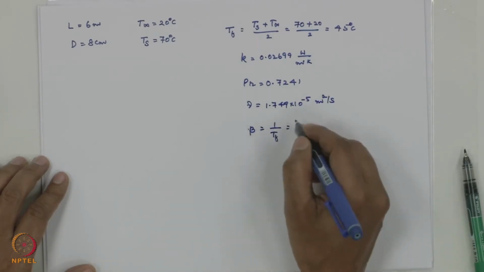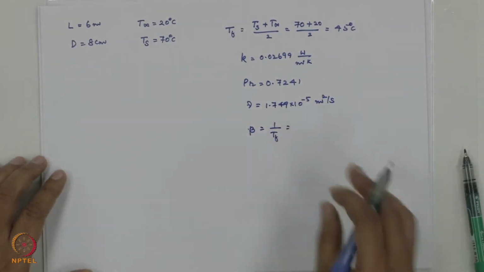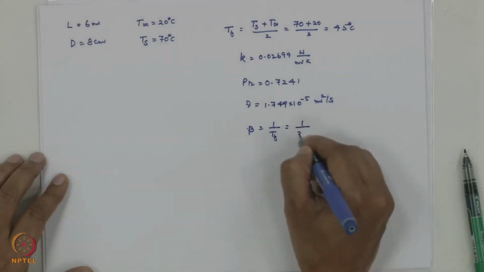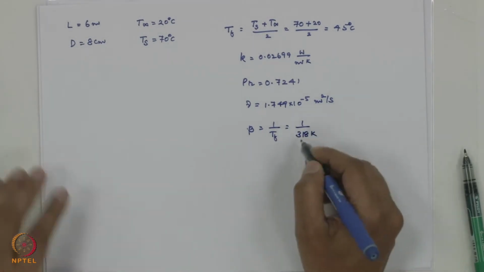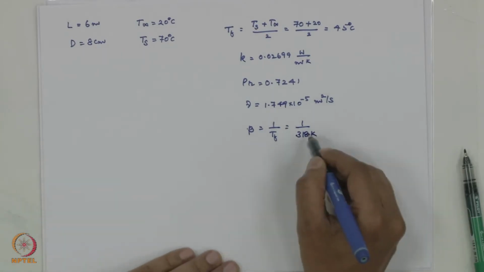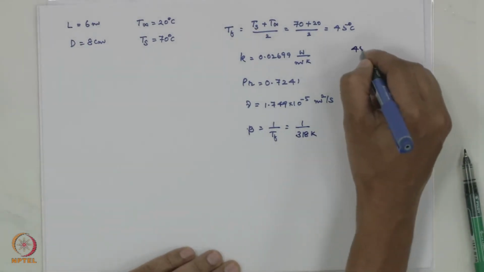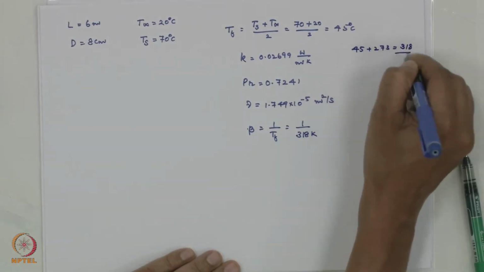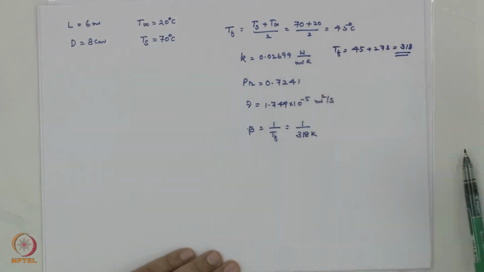You can get it from data, but because I am taking it as an ideal gas, I can take it as 1 by 318 Kelvin. If you take 1 by Tf, you have to convert this into Kelvin, that is 45 plus 273 is going to fetch you 318, that is your Tf.